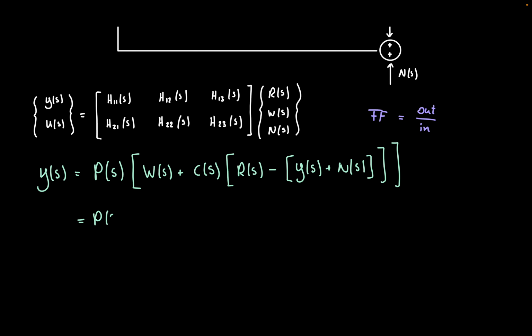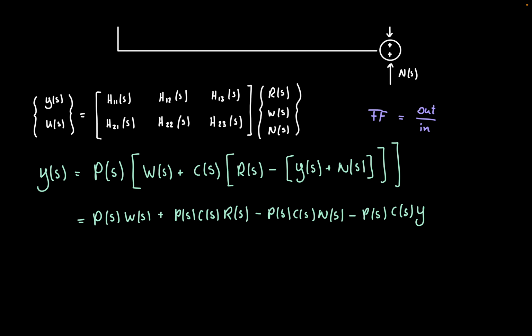So we get P times W, and then plus P times C times R, and then minus P times C times N, and minus again P times C times Y.